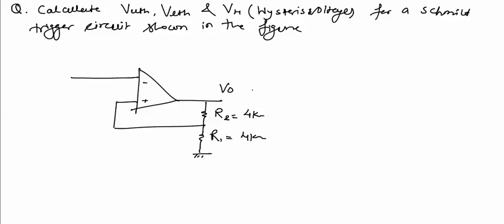Now we'll start the analysis. In this circuit, take this as 2 kilo ohms, and we have these voltages as plus 15 volts, minus 15 volts. These values will be equal to plus Vsat and minus Vsat. Now for this Schmitt trigger circuit, we can calculate Vb by directly applying the voltage division rule.